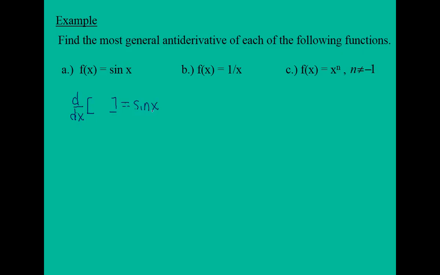So we may be thinking, if we took the derivative of negative cosine of x, we would get the sine of x. So the antiderivative of the sine of x is negative cosine of x plus some constant of integration.